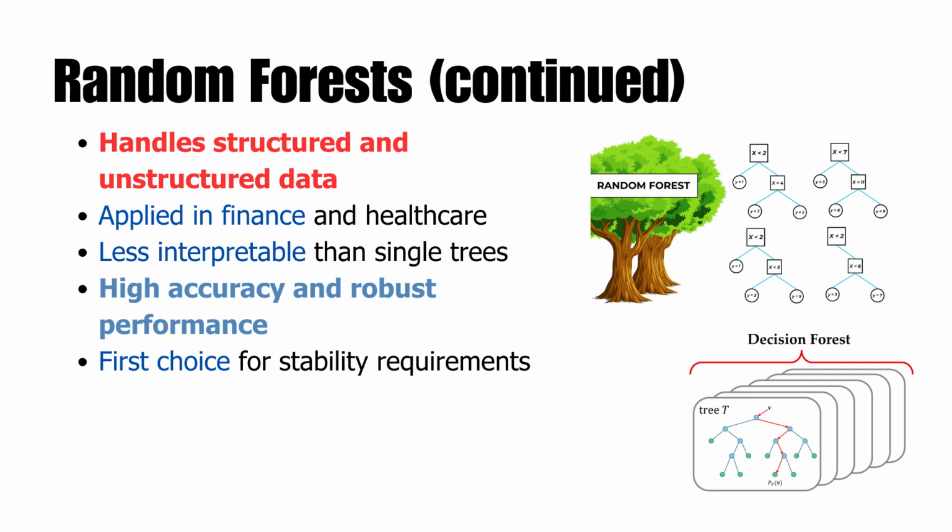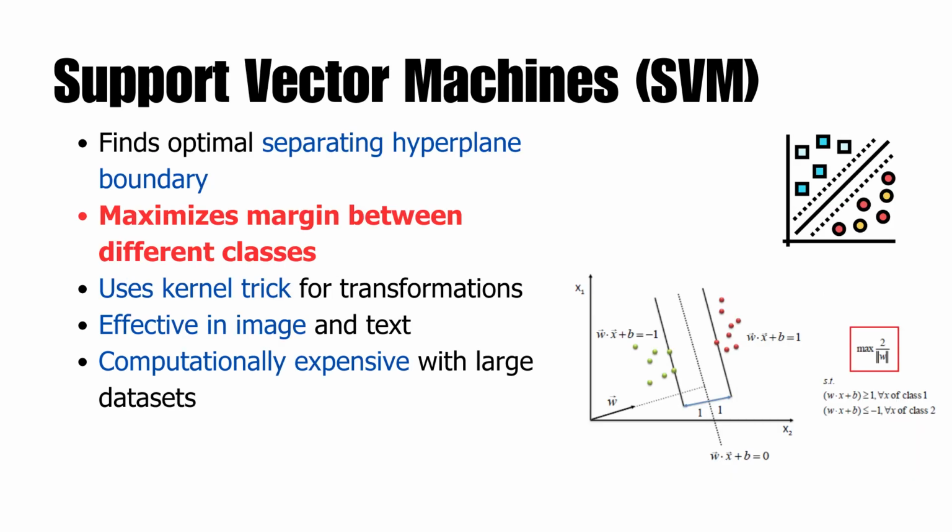Whereas any individual tree may be noisy or biased, averaging many cancels out errors and captures more subtle relationships. The downside is that they are sometimes less interpretable than a single tree, but their high accuracy and robustness make them a first choice in practical applications where stability is most crucial.